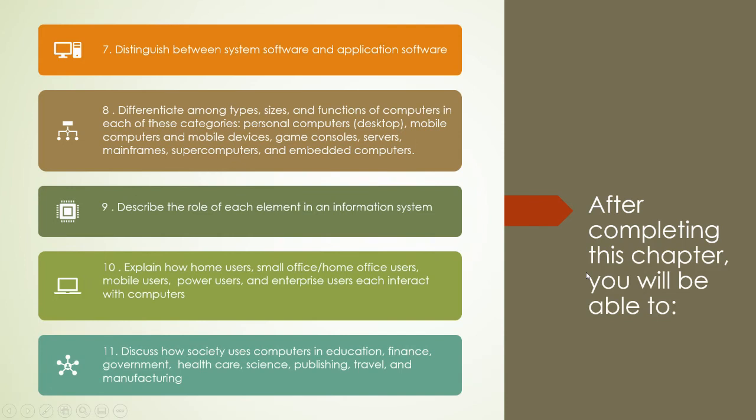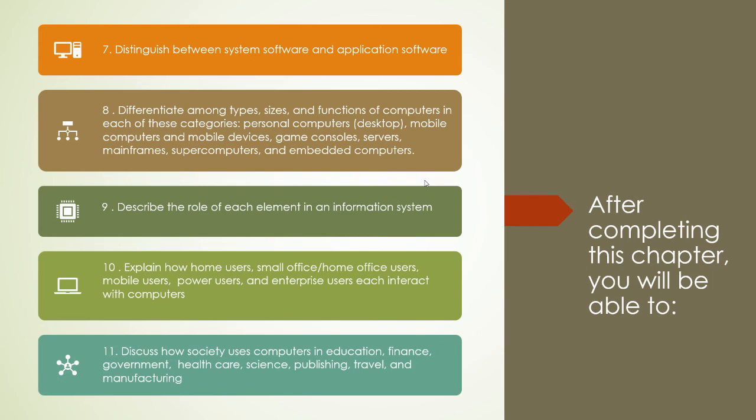Also, you'll be able to distinguish between system software and application software. We're just going to run through these terms because they are broad topics. Number eight is to differentiate among types, sizes, and functions of computers in each of the categories. So there are types, sizes, and functions of computers. We're also going to discuss this one.